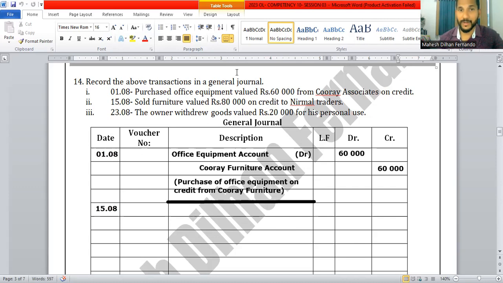One more thing: we do not call these parties creditors. Instead of Kure furniture, don't write creditors. Use the name of the business when it is given. When the business has purchased a non-current asset on credit, it creates a liability, but don't call that liability a creditor.